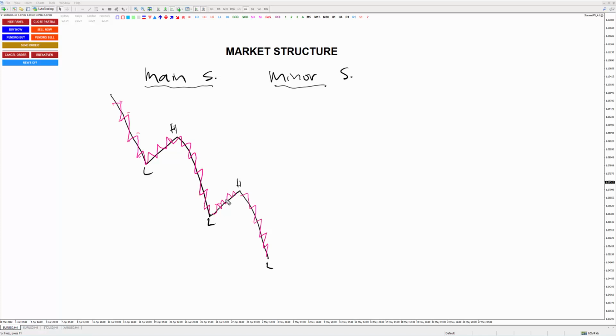Because basically, if you trade based on the trend itself, let me make it the same color again. I always say in every video, if you want to trade based on the trend, let's say based on the main trend, now here, and then there is the break of structure over here, right?